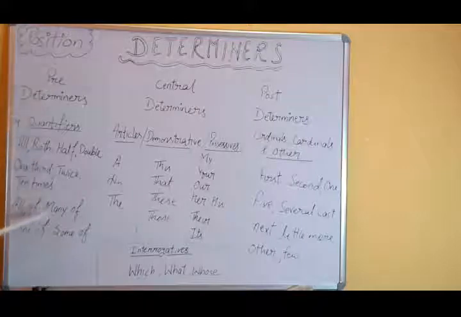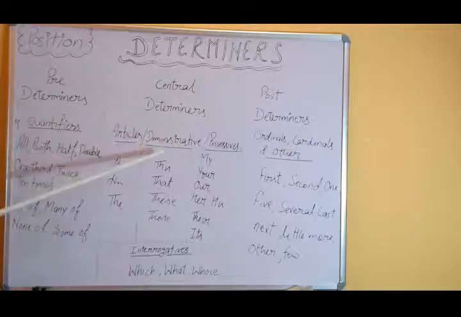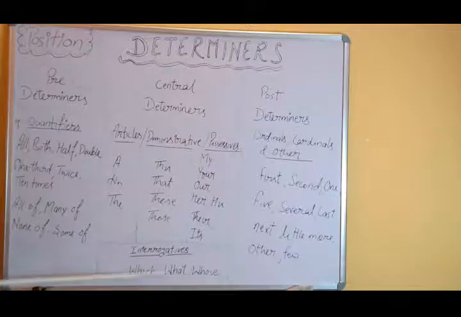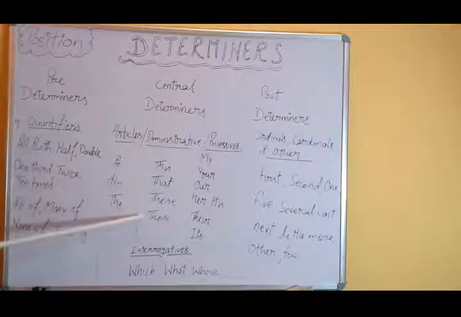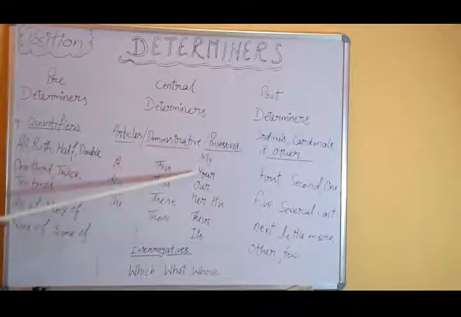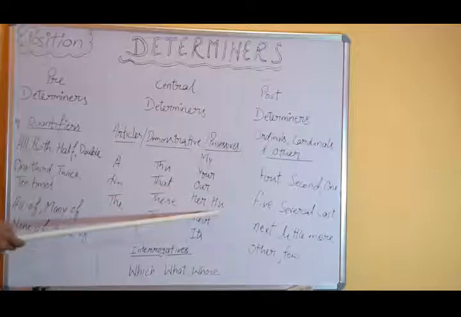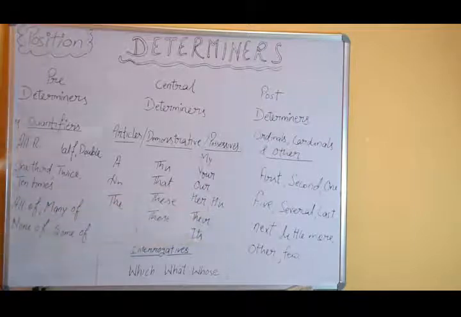These are the predeterminers. Then central determiners: articles, demonstratives, possessives, interrogatives like which, what, whose; articles a and the; demonstratives this, that, these, those; possessives my, your, our, her, his, their, its. These are the central determiners.